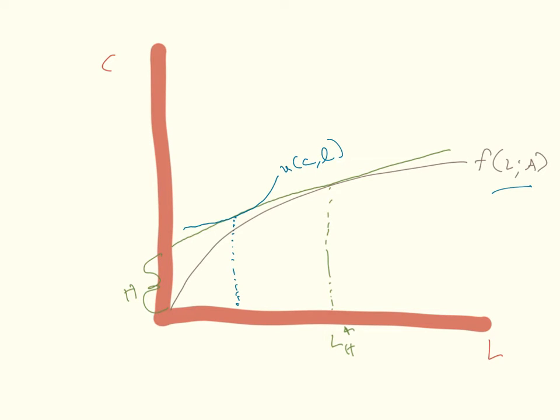Well, we want to work L star, but our business really needs L star H to be profit maximizing. So what do we do? Well, we'll work up until L star. It doesn't matter if it's in the market or business, and then we'll hire in that difference to profit maximize.